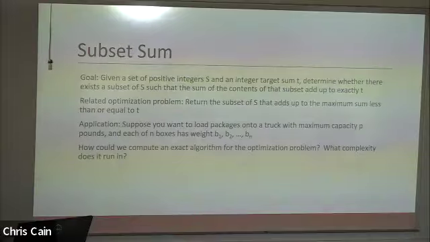Yeah. Is that guaranteed to give us a subset that sums to t if one exists? No. That would work sometimes, not all the time. It's a good idea for a baseline. It's a really good idea for a baseline for an approximation algorithm.